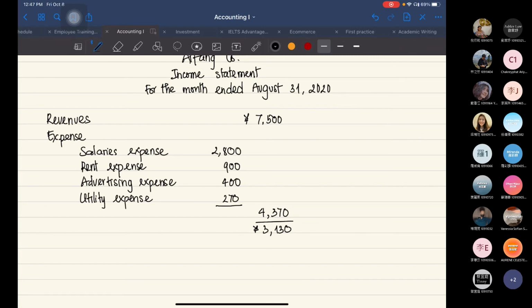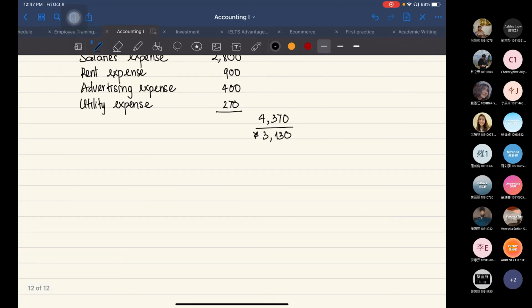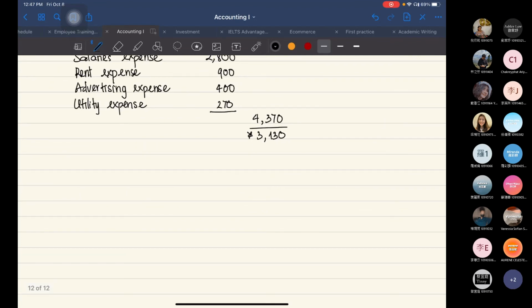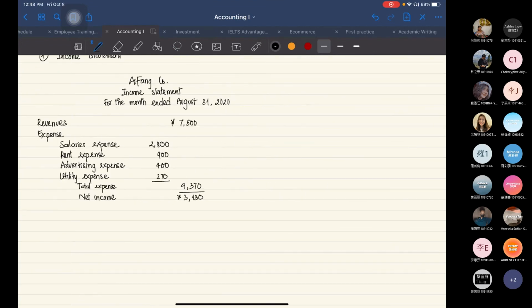So try to write the numbers clearly, because if the teacher can't read it, then you lose your point. Here would be net income. Okay, done.